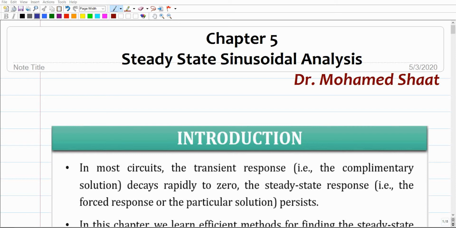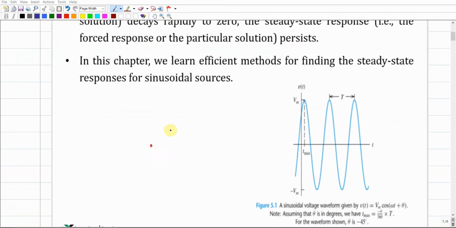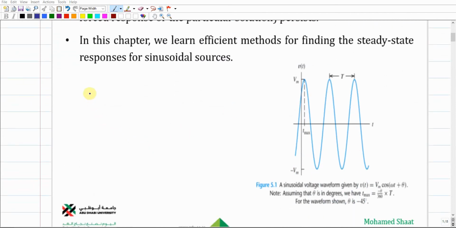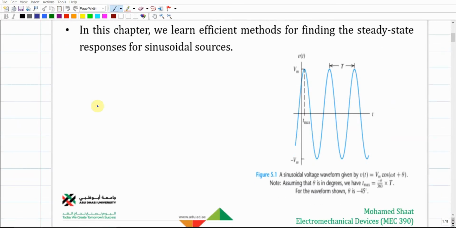Then we moved to chapter 4 to see how we can do analysis for an electrical circuit in the time domain, and the title of this chapter was basically transients. If you remember, the current or the voltage through the electrical circuit is represented by a general function that takes an approximate form.